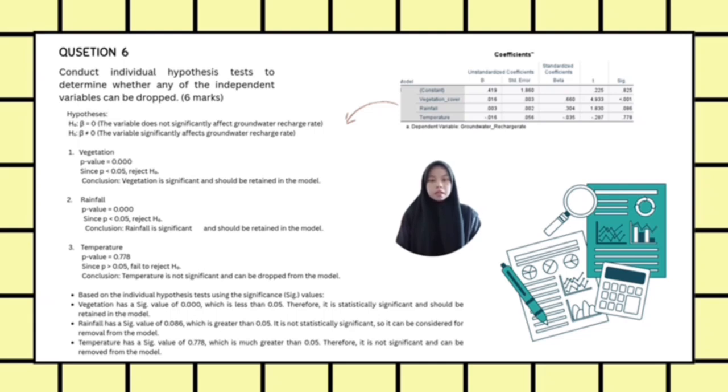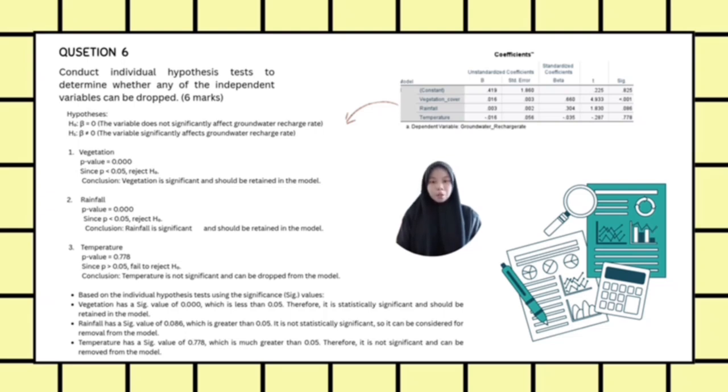Again, it is less than 0.05, meaning rainfall is also statistically significant. Therefore, rainfall should also be retained in the model. Finally, we look at population, which has a p-value of 0.778. This value is much greater than 0.05, which means population is not statistically significant. As a result, population can be removed from the model.